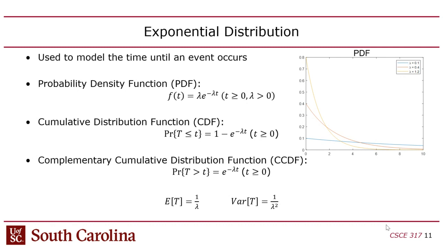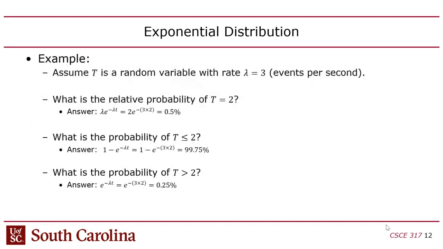The variance is, I think, the more interesting part, because it means that if lambda is smaller, it increases the variance drastically, which means that the distribution flattens out with lower values of lambda, which I tried to show in that plot that I generated from MATLAB. So what that really means is that if your rate is lower, your arrivals are more unpredictable, or spread out.